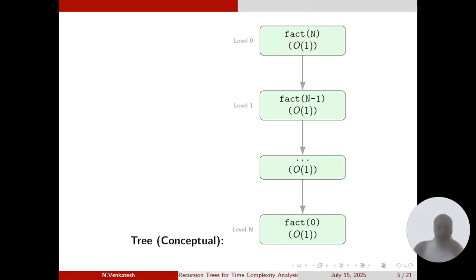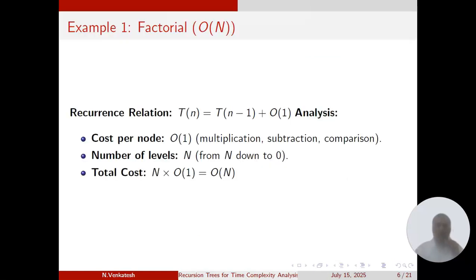In each recursive step we are decrementing by 1, so the number of levels is n. So the number of levels is n, and at each level we require a constant amount, that is order of 1, so the total time complexity is order of n. That's about the factorial.